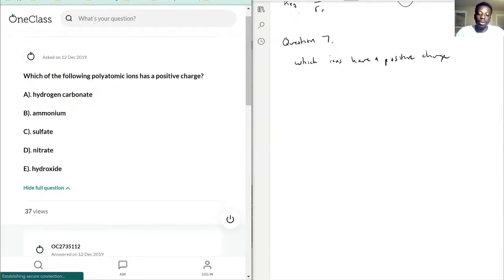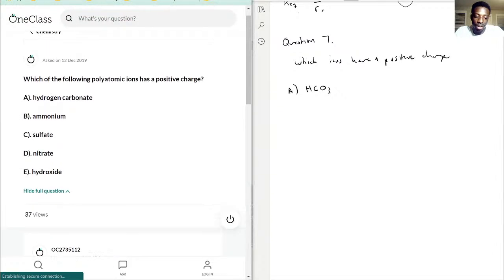So we have hydrogen carbonate. Hydrogen carbonate looks like this, HCO3. Remember, carbonate is one thing you have to remember. Carbonite would be CO2, well, in very different scenarios, but the point is that hydrogen carbonate is HCO3, and it just has hydrogen attached to it.